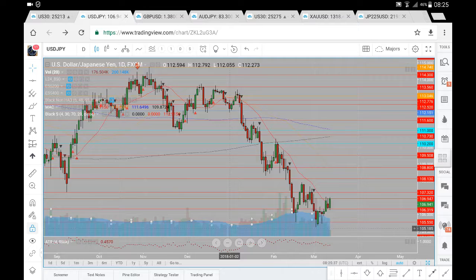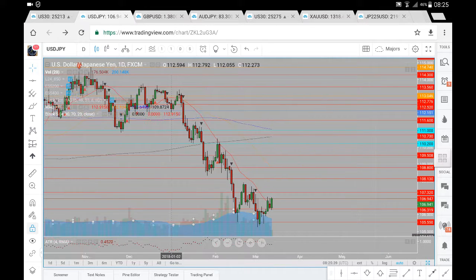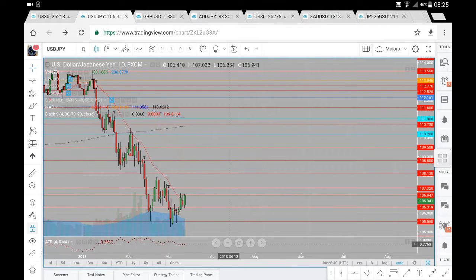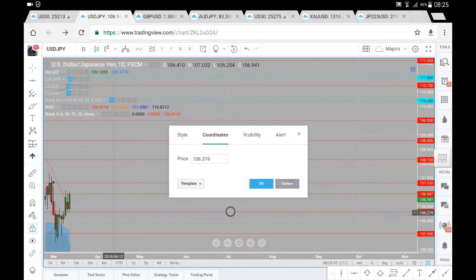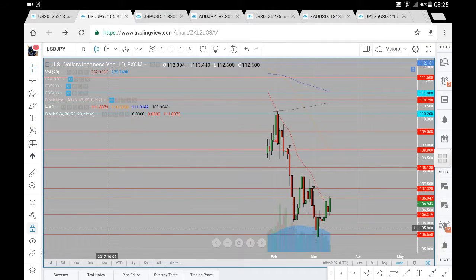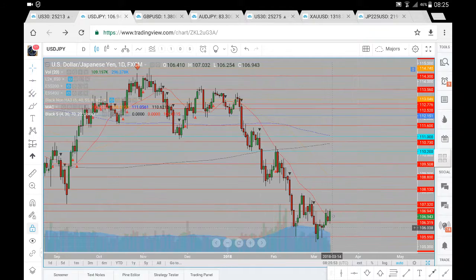And let's just see where our 20 period moving average is at present. If my chart would like to cooperate, which it doesn't appear that it would like to at the moment.